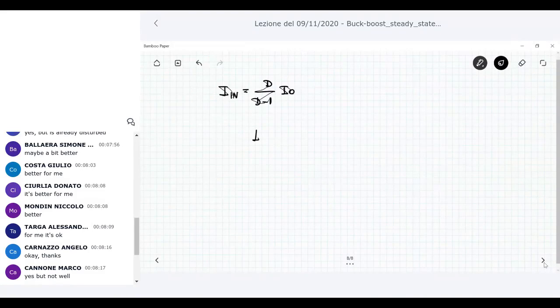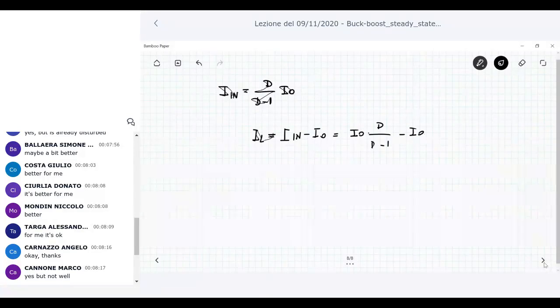So if I have the average value of the current IL, this is I in minus I naught, and this is I naught multiplied by D over D minus 1, minus I naught, because I in is due to this expression.